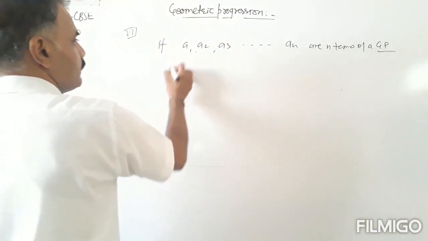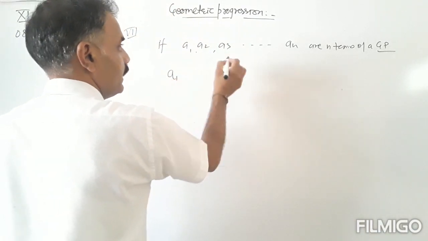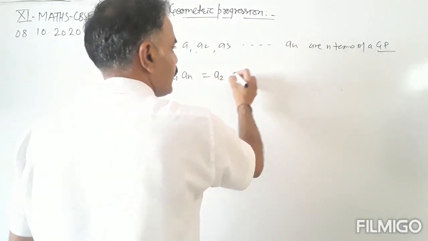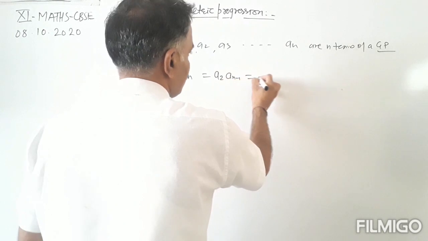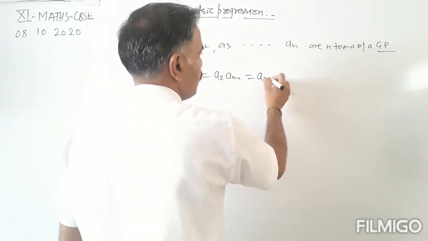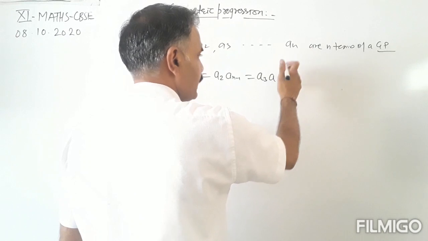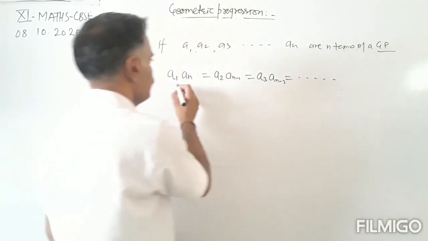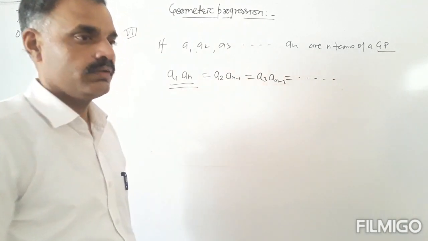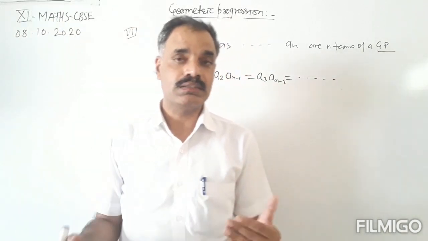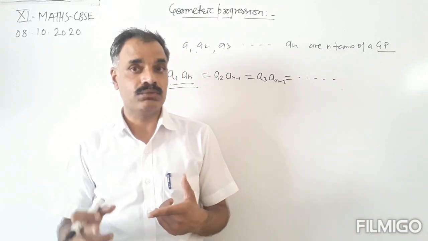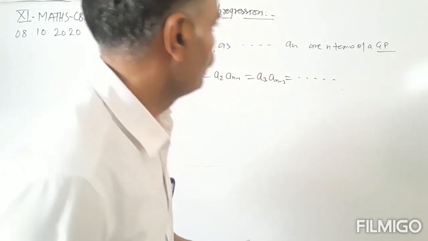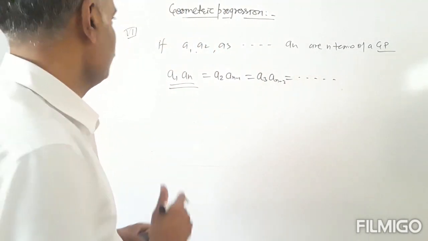Okay, it means the product of the first a1 and last an is equal to the product of the second and second last, that is a2 into an minus 1, which is equal to the product of the third term and third last term, that is a3 into an minus 2. This is always the same, and that is equal to the product of the first term and the last term, that is a into a r to the power n minus 1. Okay, so this is one more property of the geometric progression.